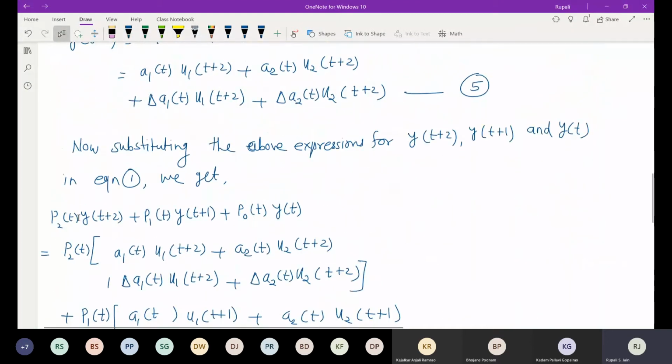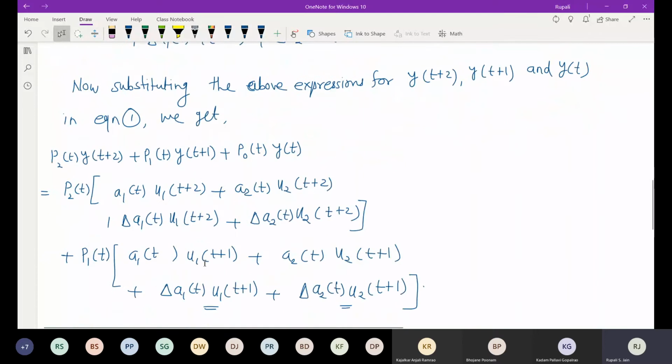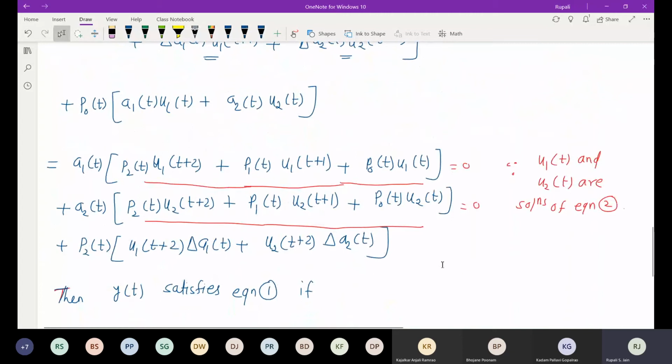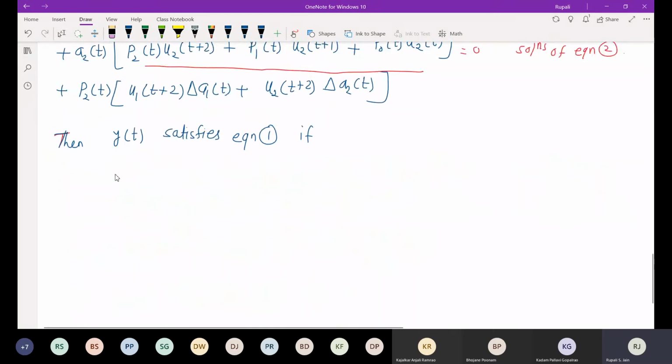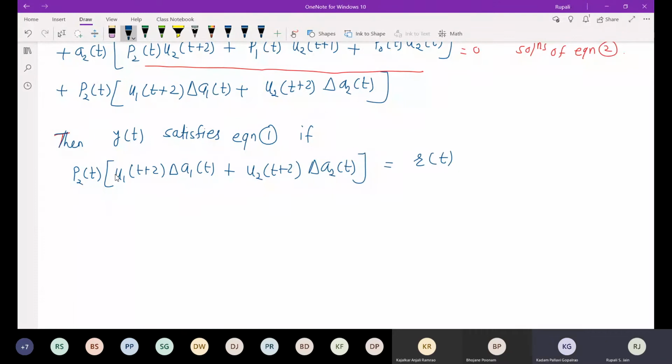So yt satisfies means whatever we have written should be equal to Rt if P2t u1 t plus 2 delta a1t plus u2 t plus 2 delta a2t is equal to Rt.